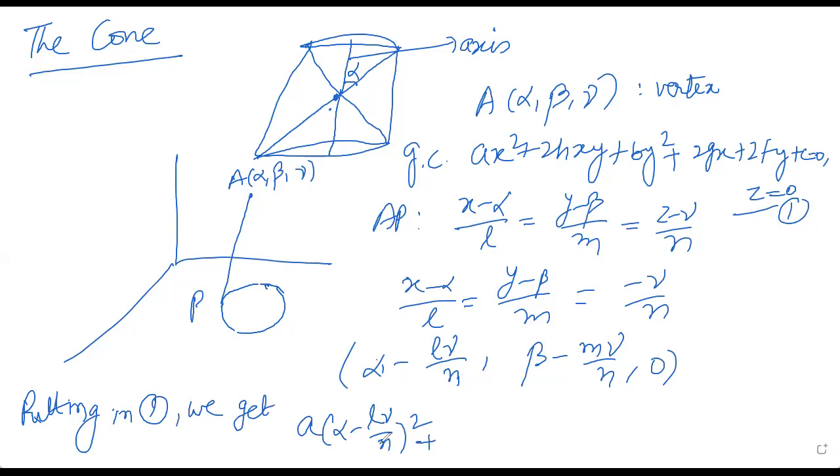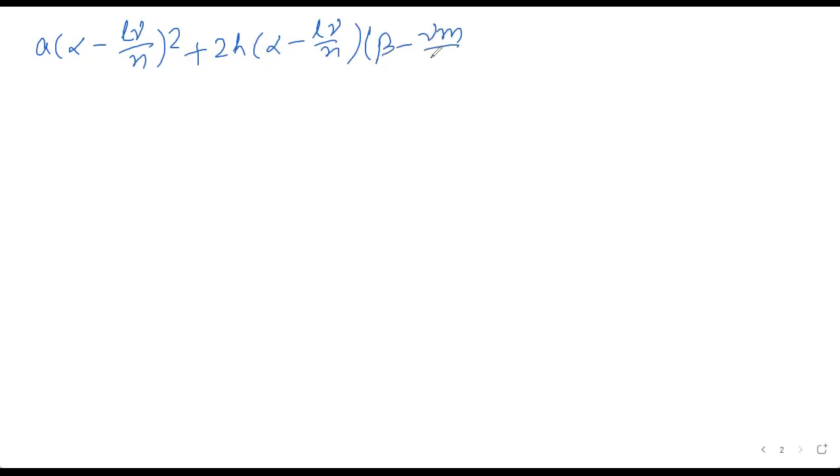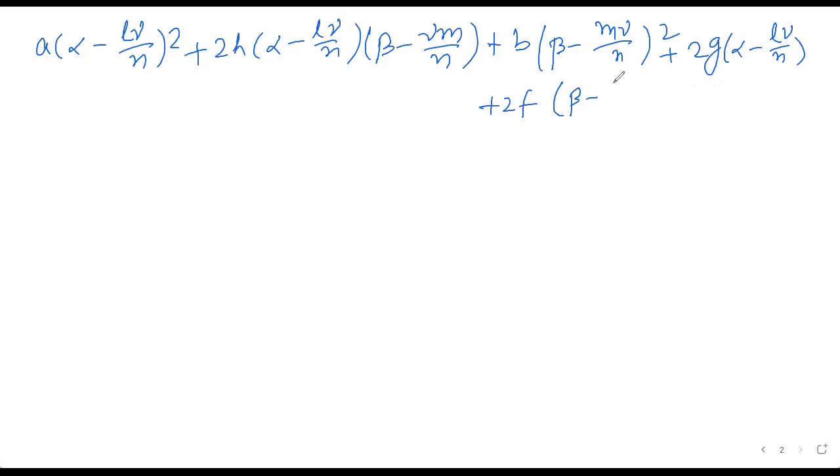So it will become a times (alpha minus l gamma upon n) whole square plus 2h (alpha minus l gamma upon n)(beta minus m gamma upon n) plus b (beta minus m gamma upon n) whole square plus 2g (alpha minus l gamma upon n) plus 2f (beta minus m gamma upon n) plus c is equal to 0.